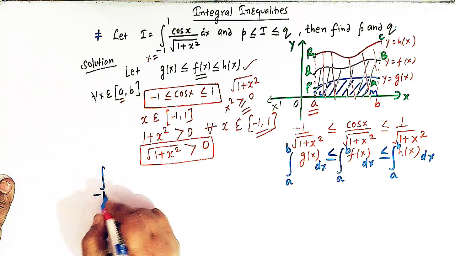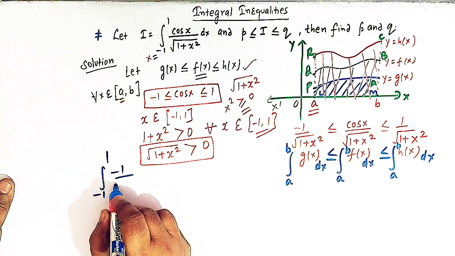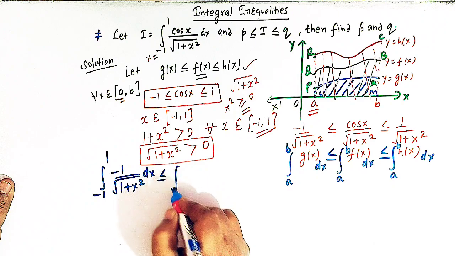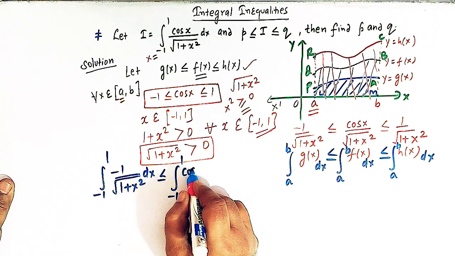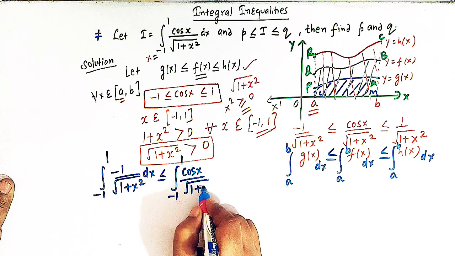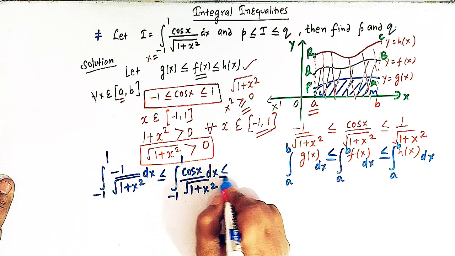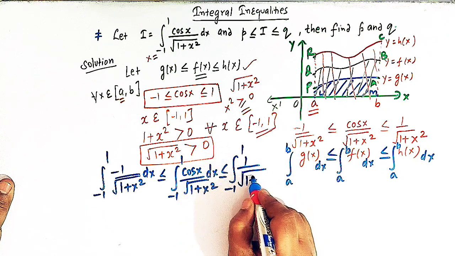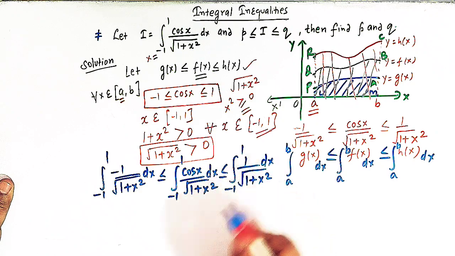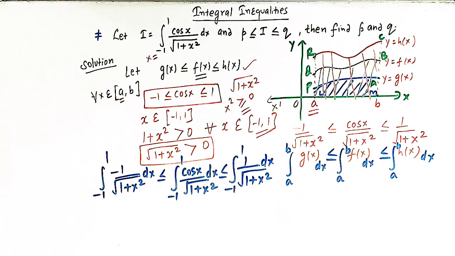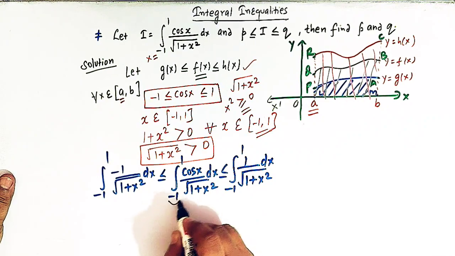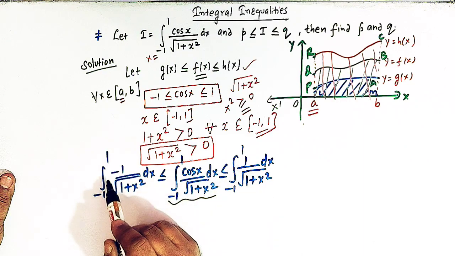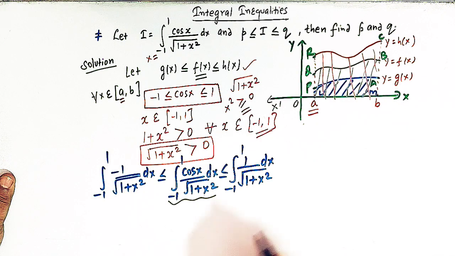So we'll get the integral from minus 1 to 1 of minus square root of 1 plus x square dx, then the integral from minus 1 to 1 of cos x times square root of 1 plus x square dx, and then the integral from minus 1 to 1 of 1 over square root of 1 plus x square dx. So now this is our integral I.